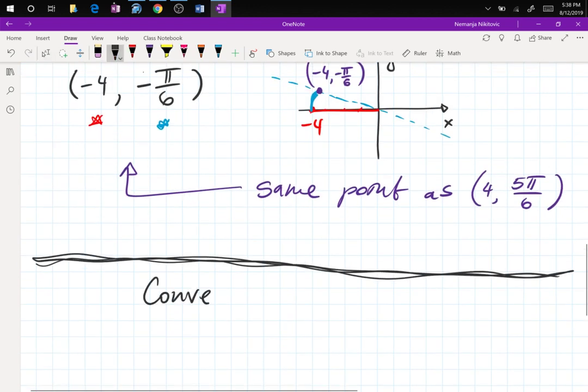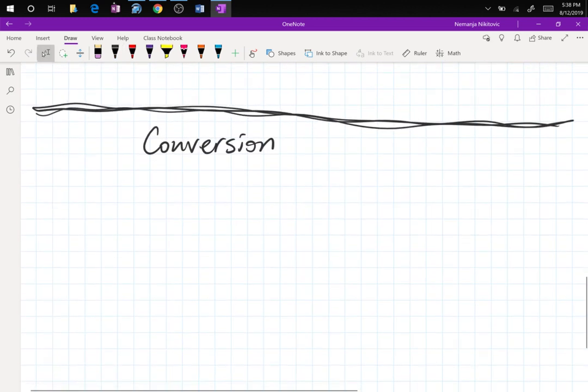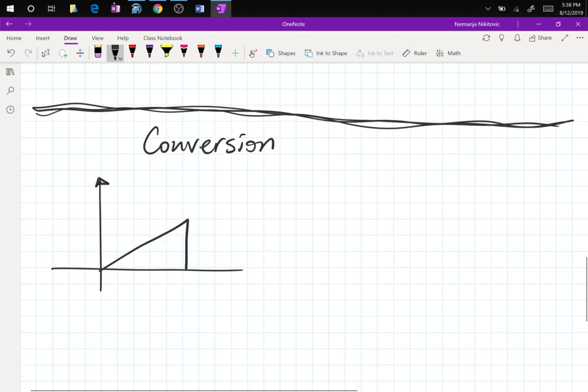Conversion. When you consider this triangle, you can write 3 trigonometric functions plus the Pythagorean theorem.